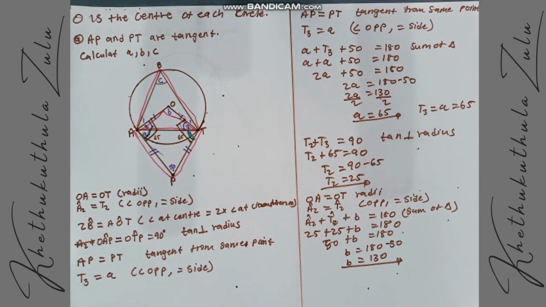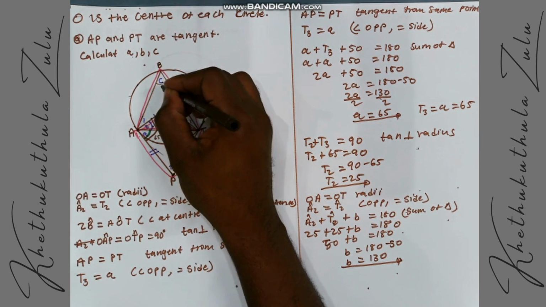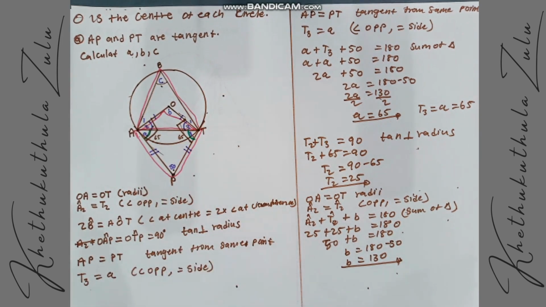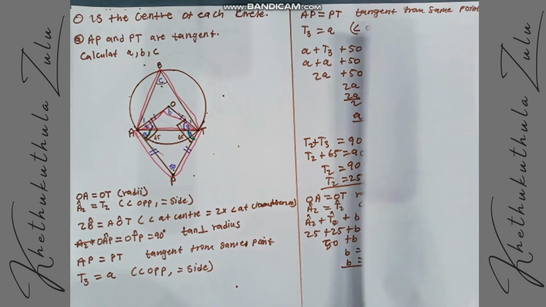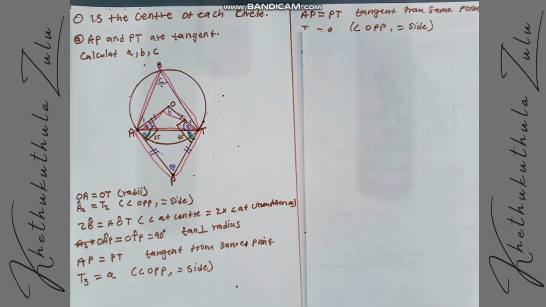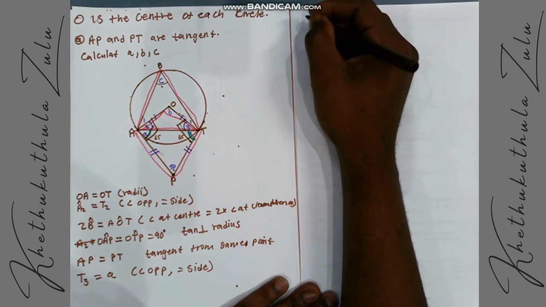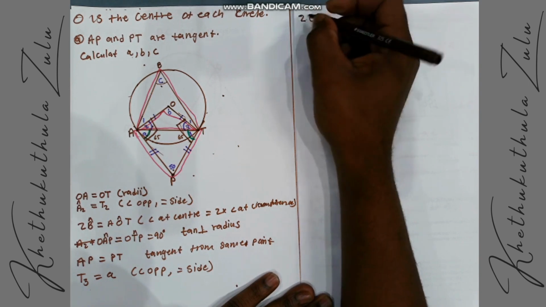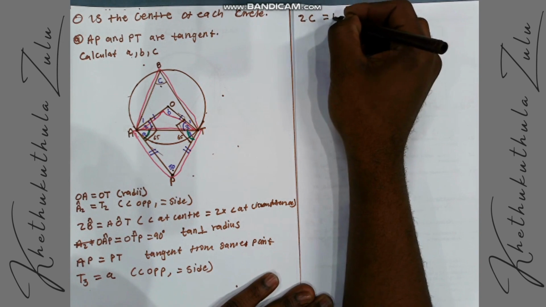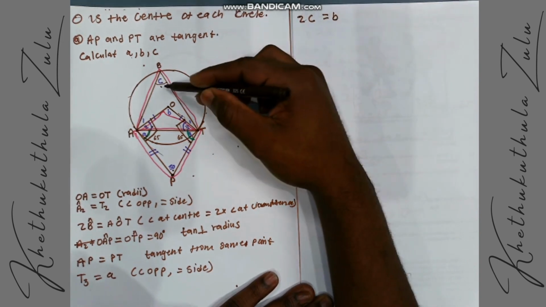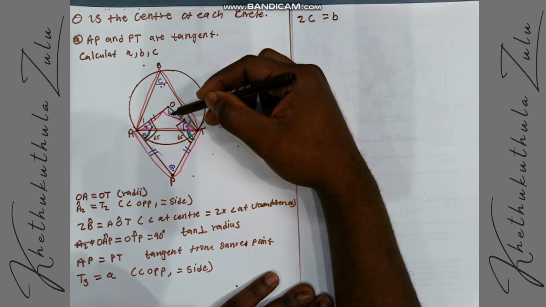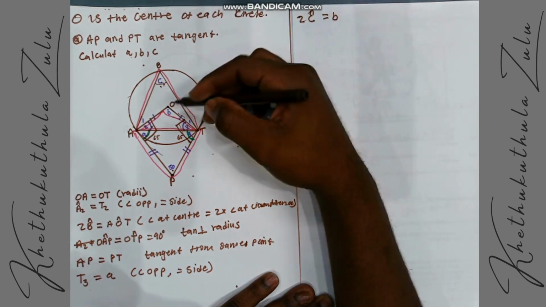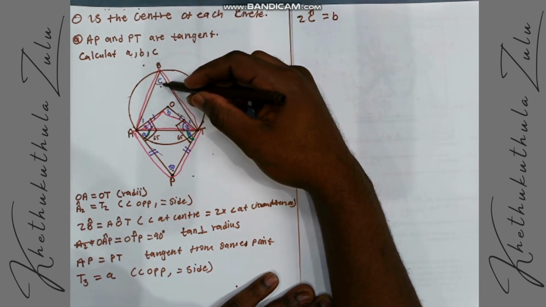Okay guys, we just calculated b. Now we are going to calculate our c by using angle at the center is twice the angle at the circumference. Now we're going to close it here just to calculate c on this one. Then 2c is going to be equal to b that we just calculated. You repeat this angle c twice to be equal to this one. Don't make confusion there.